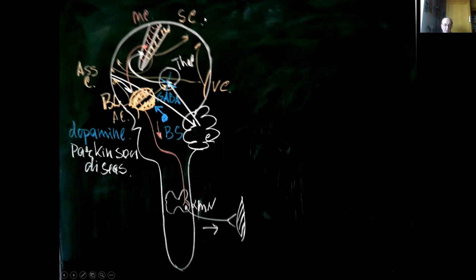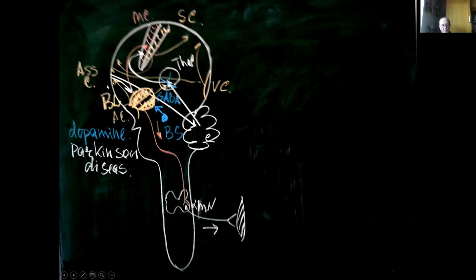The cerebral cortex regulates the activity of the alpha motor neuron. This is the associative cortex. The associative cortex receives the information from the sensory cortex, from the postcentral gyrus, from the visual cortex, from the acoustic cortex. You see, these are the yellow arrows.